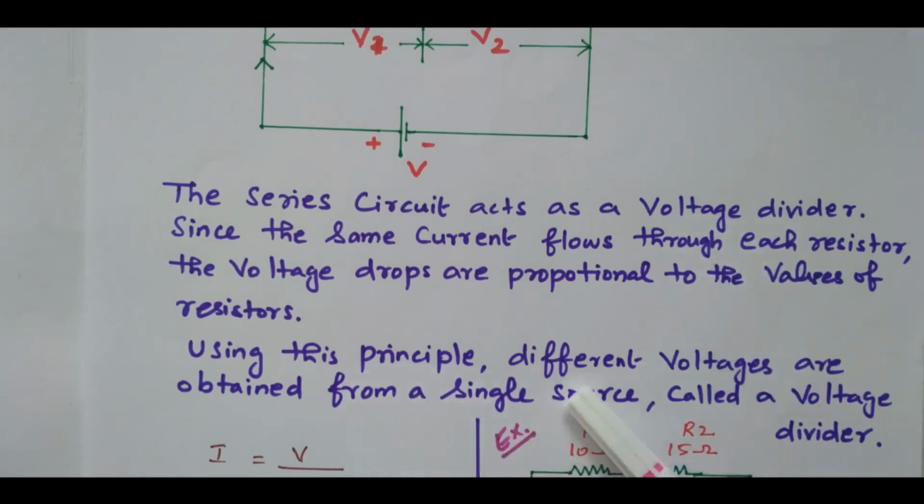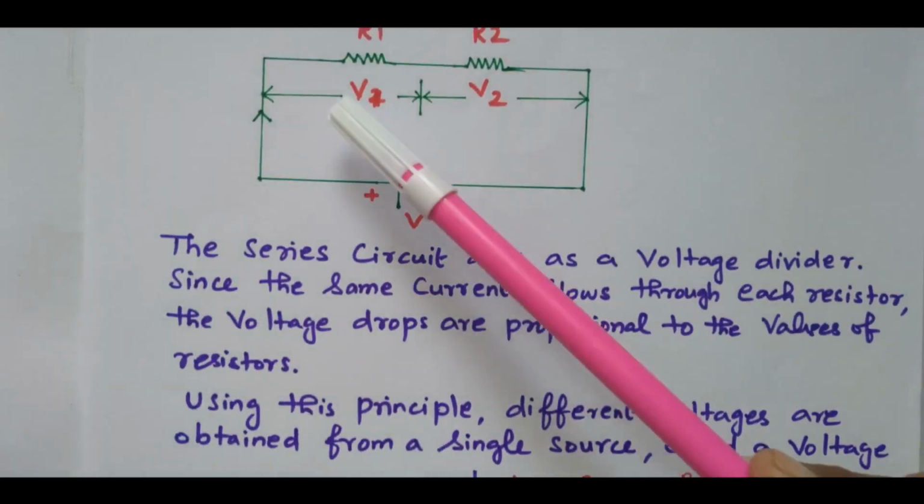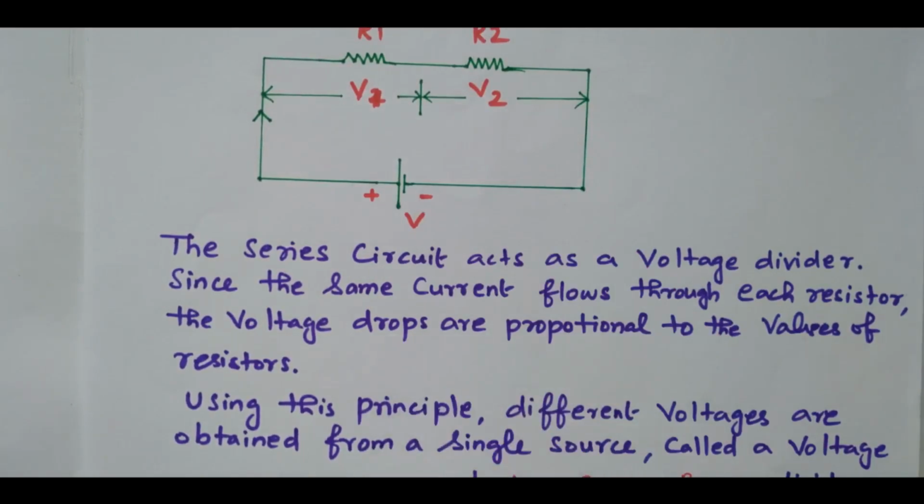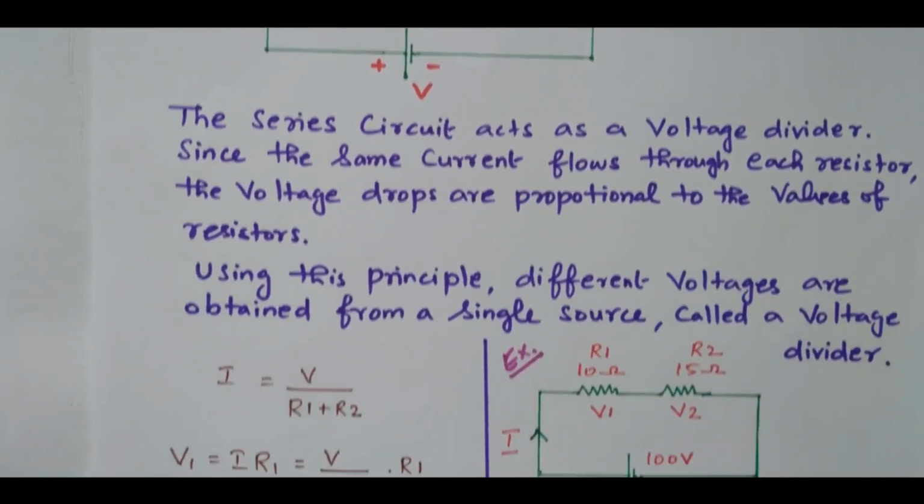Using this principle, different voltages obtained from a single source are called a voltage divider. That is, V equals the sum of V1 and V2.